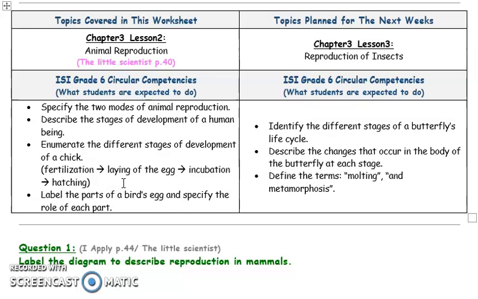Since the growth of the embryo happens outside of the chicken's body, the egg, where the embryo is growing, has everything that an embryo needs to grow healthy and to turn into a chick.